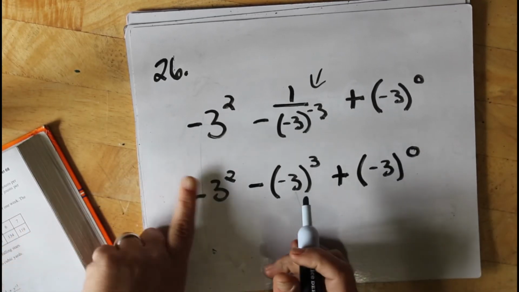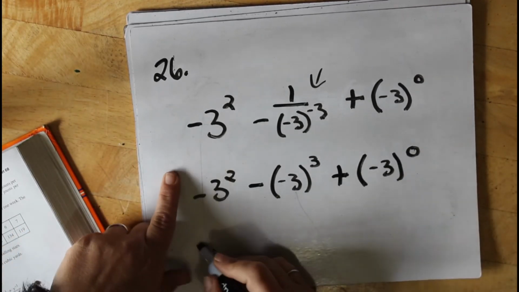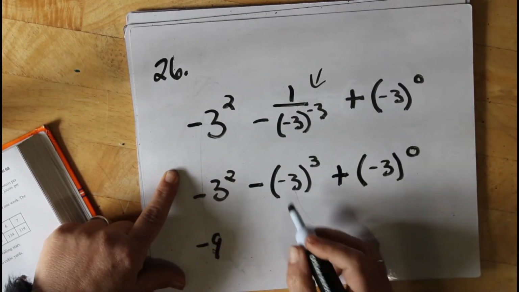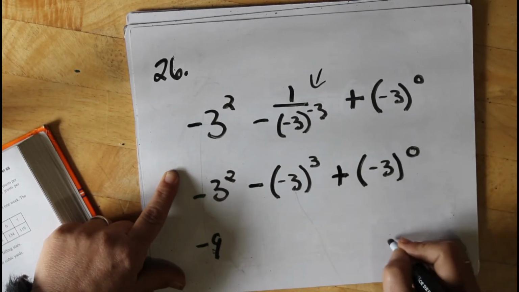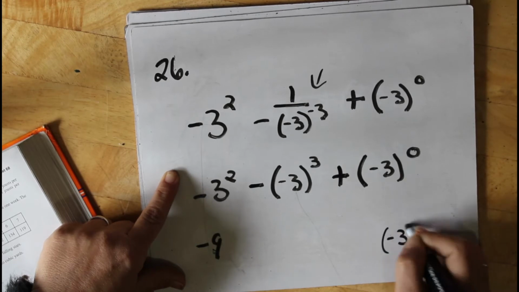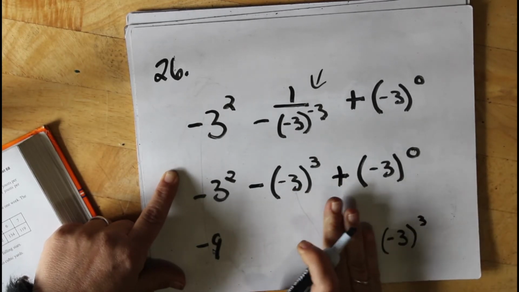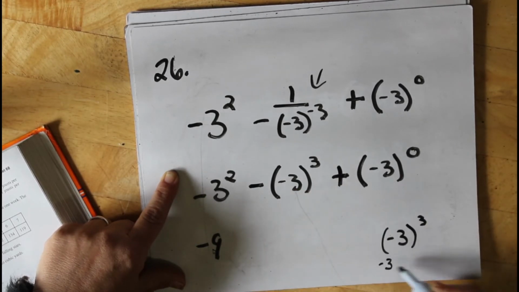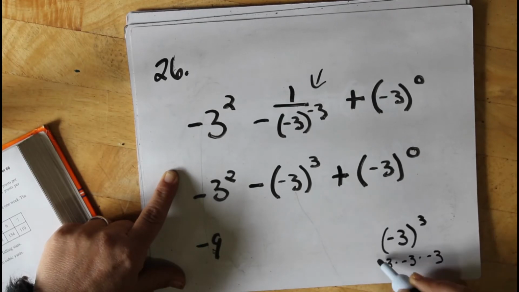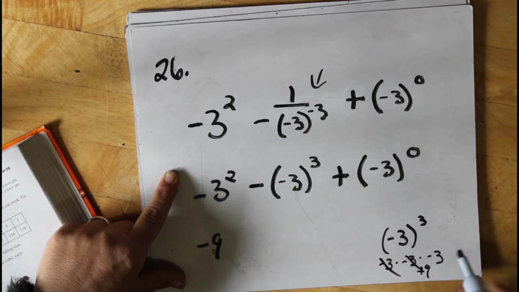Alright, negative 3 squared, that would be 3 times 3 is 9, so that would be negative 9. Now, we've got negative 3 in parentheses to the third. We can't cover up that negative sign, so this means negative 3 times negative 3 times negative 3. Negative 3 times negative 3 would be positive 9. Positive 9 times negative 3 would be negative 27.